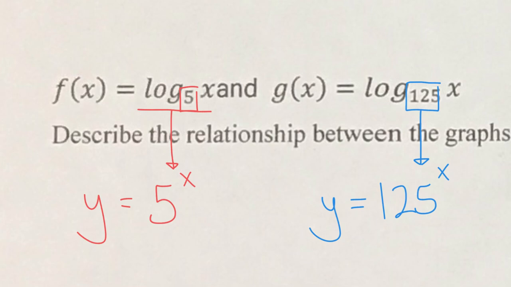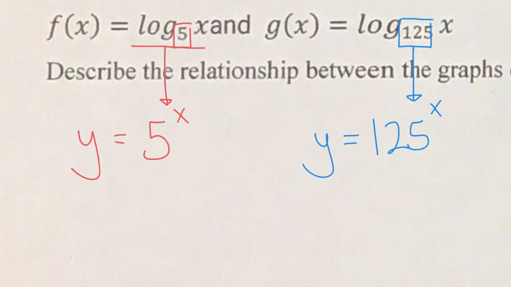Because I don't really understand a whole lot about logs, I'm going to change both of these to something that I do understand. I understand exponentials way more than I understand logarithms. So I'm going to change this to something I understand and then make some other connections that we've already made.